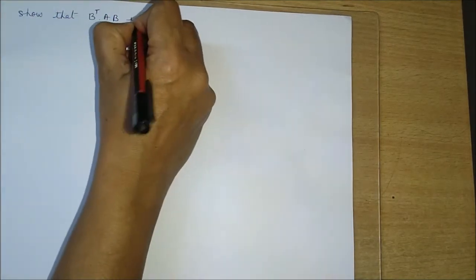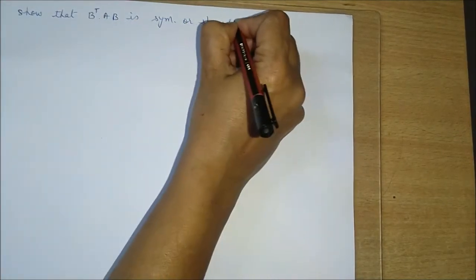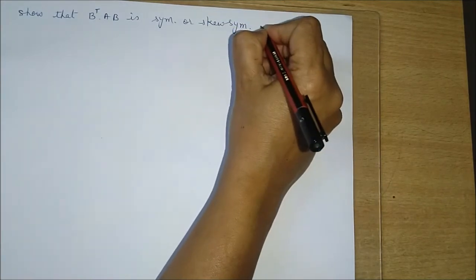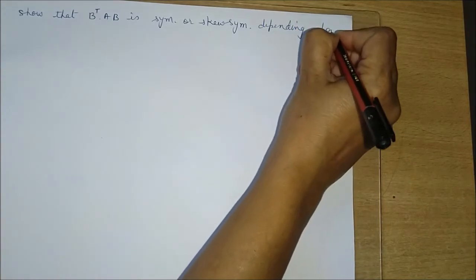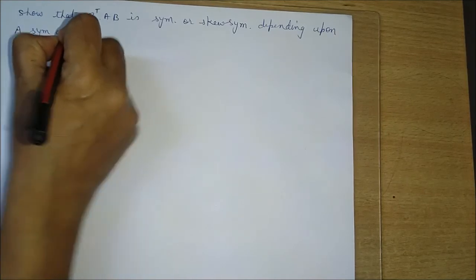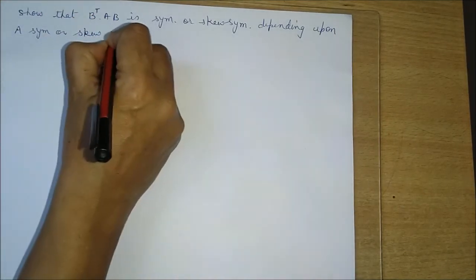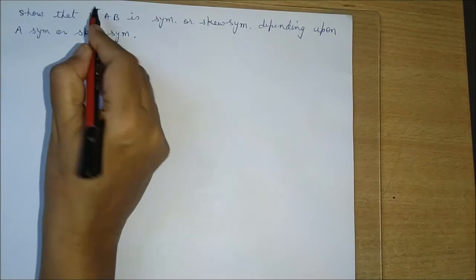Show that transpose of B into AB is symmetric or skew symmetric depending upon A symmetric or skew symmetric. First of all, we have to understand this question.